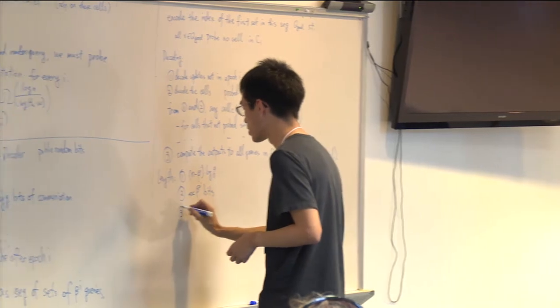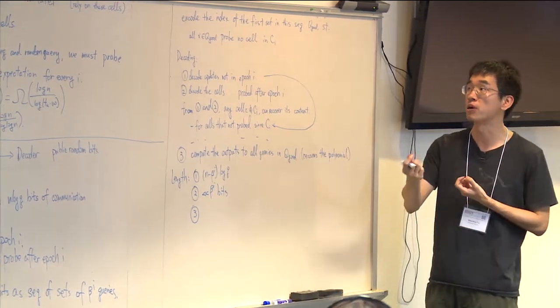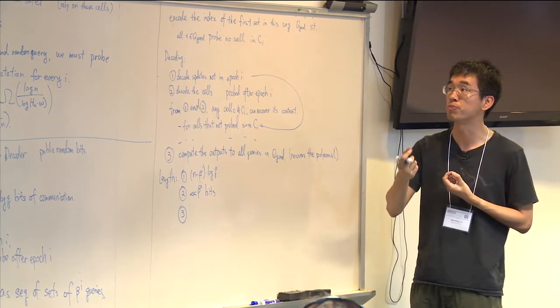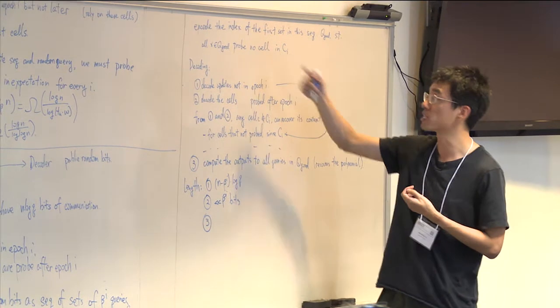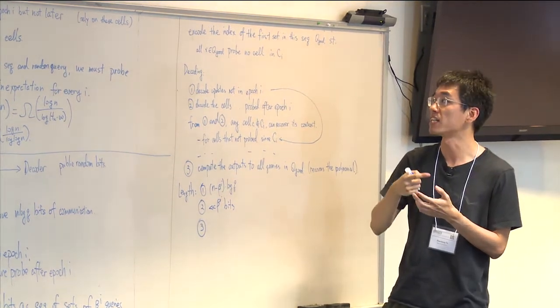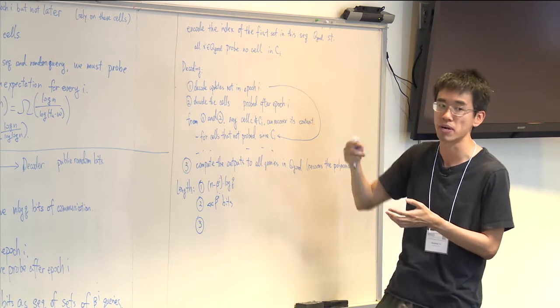And then for the third step, now we are going to use the fact that most of the queries can actually be computed without probing anything in C_i. So that means for a random query, the probability that it is not probing anything in C_i is 1 minus lambda of 1.